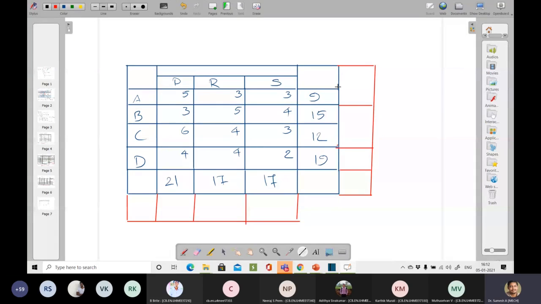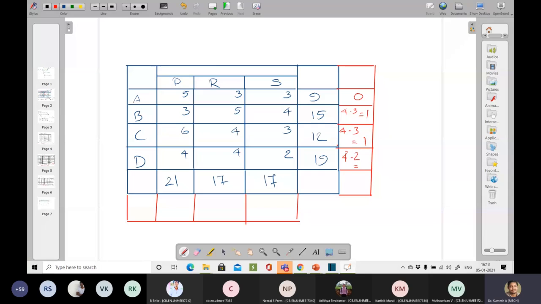Now the lowest cost in the first row is 3, minus 3, that will be 0. Next one, 4 minus 3, 1. Next one, 4 minus 3, again 1. Next one, 4 minus 2, 2.